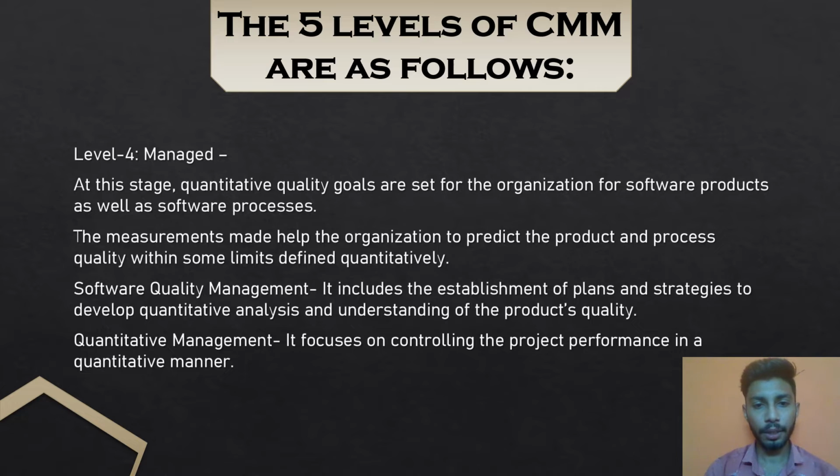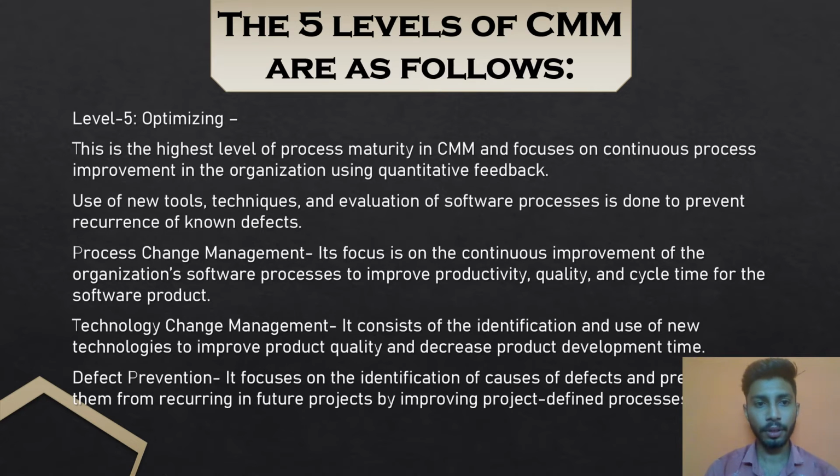The measurement may help the organization to predict the process and product quality within some quantitatively defined limits. Level 5, Optimizing. This is the highest level of process maturity in CMM and focuses on continuous process improvement in the organization using quantitative feedback.